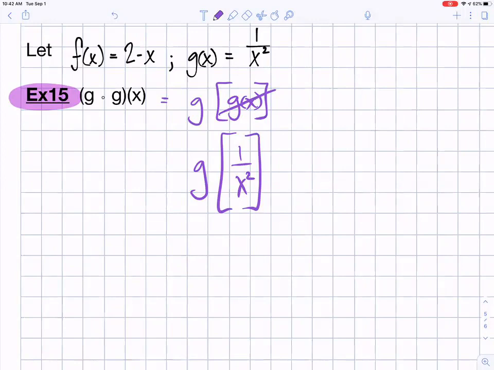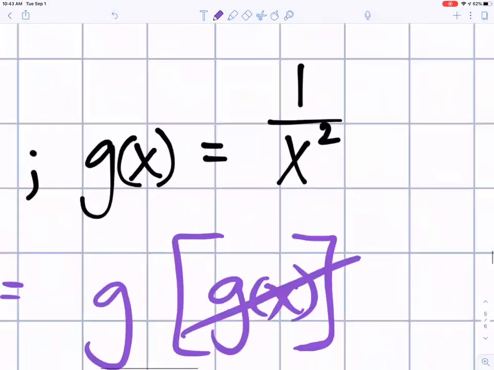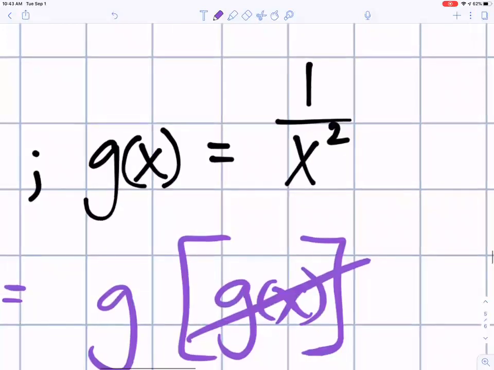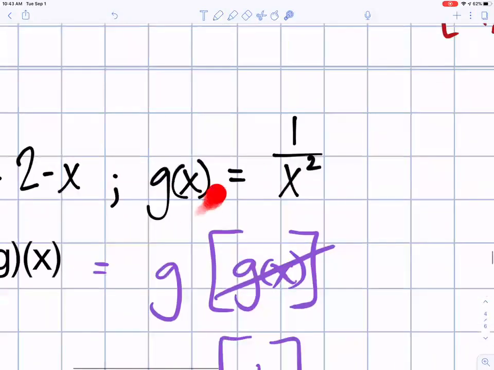What's g of ugly? Oh, look, I've got a g of ugly up there on the board, right? So as I'm looking at my original, what is g of ugly? g of ugly equals 1 over ugly squared.